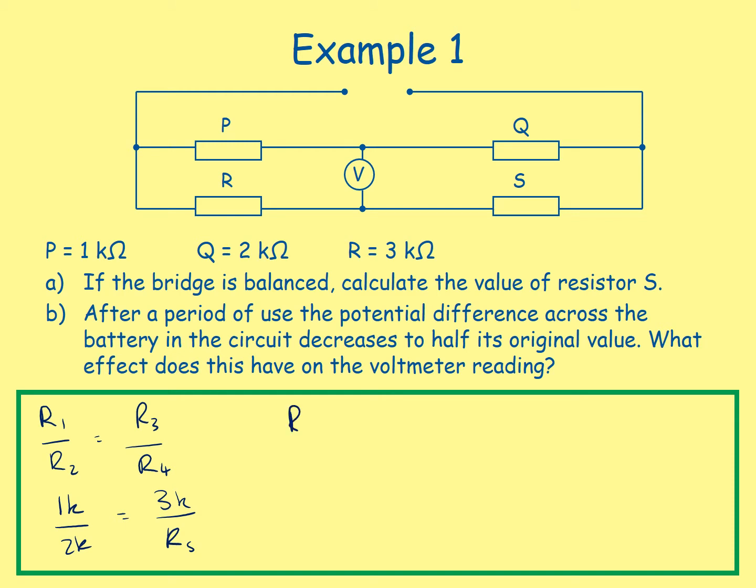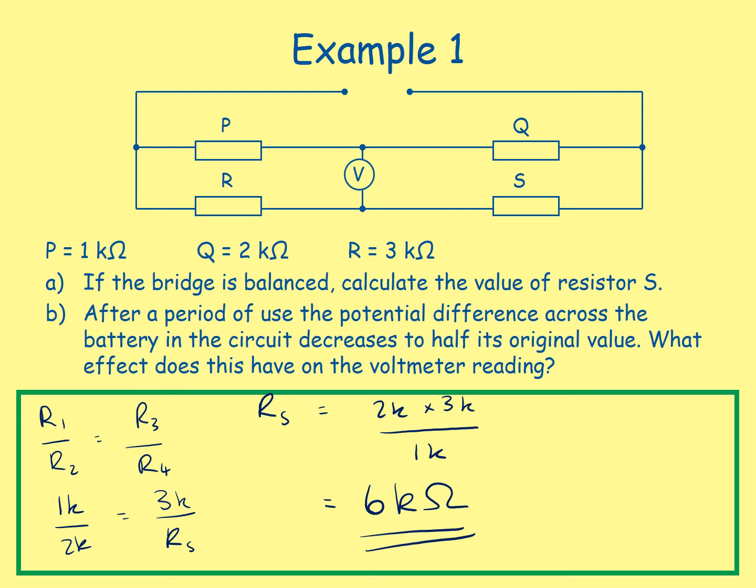Rearranging this, we get RS equals 2 kiloohms times 3 kiloohms over 1 kiloohm. In total, this is 6 kiloohms, and that's what our RS is equal to.